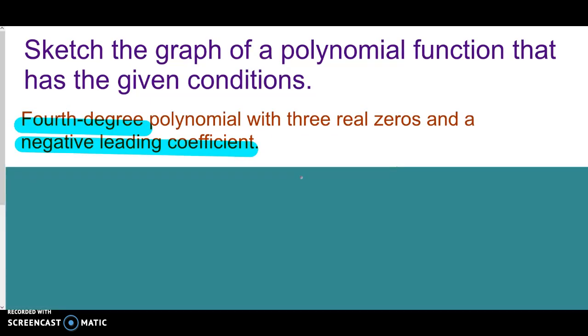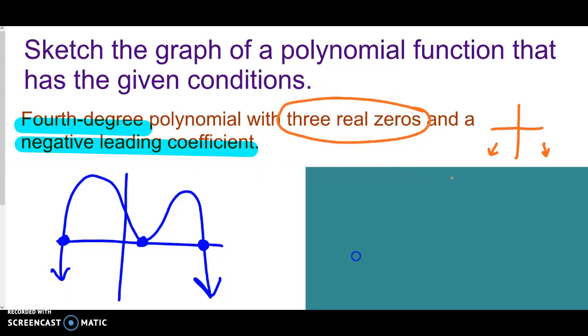Okay, beginning this problem, I really want to focus on what the 4th degree and negative lead coefficient will do to my graph. It will help us understand our end behavior. So it's 4th degree, negative lead coefficient, so I know that the ends of my graph are going to be down, down, right? Then it also said that we want to have 3 real zeros.